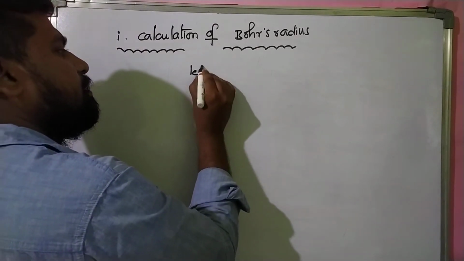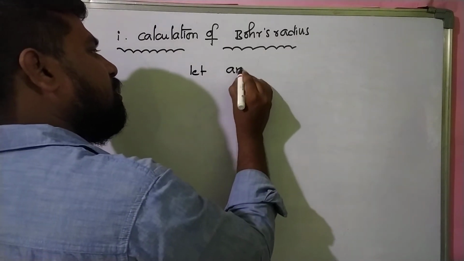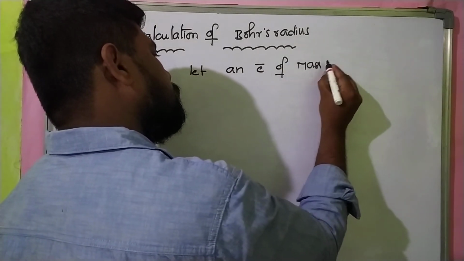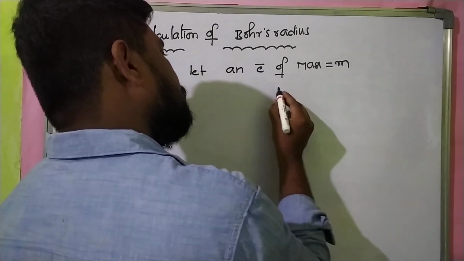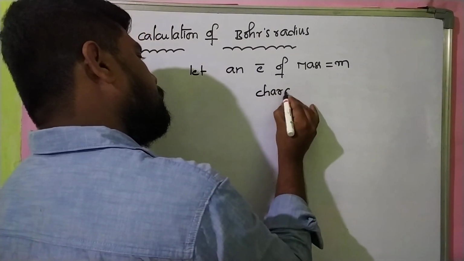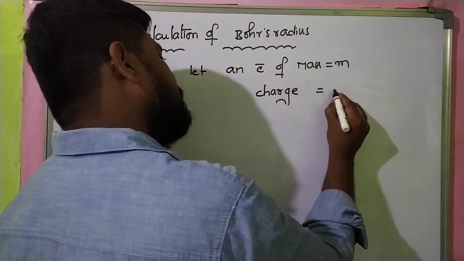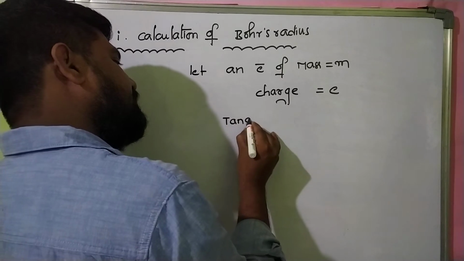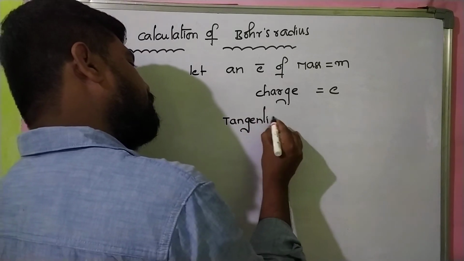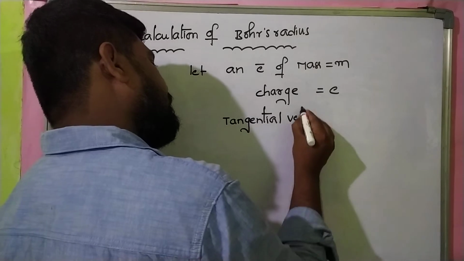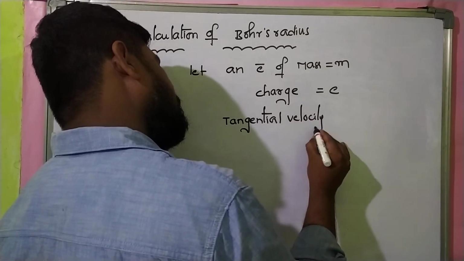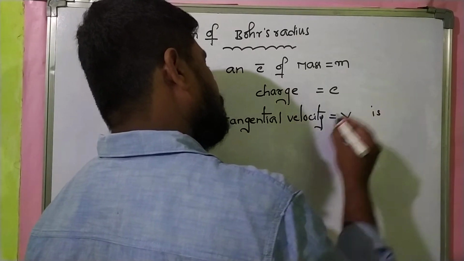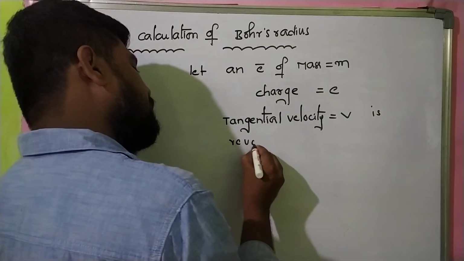Let an electron of mass m, charge E, tangential velocity v is revolving around the nucleus.